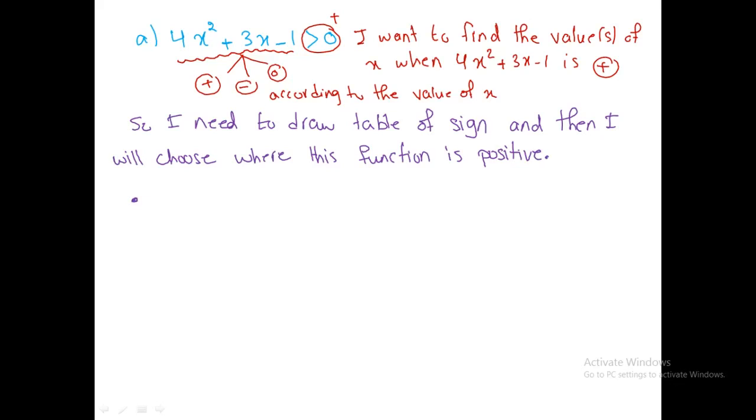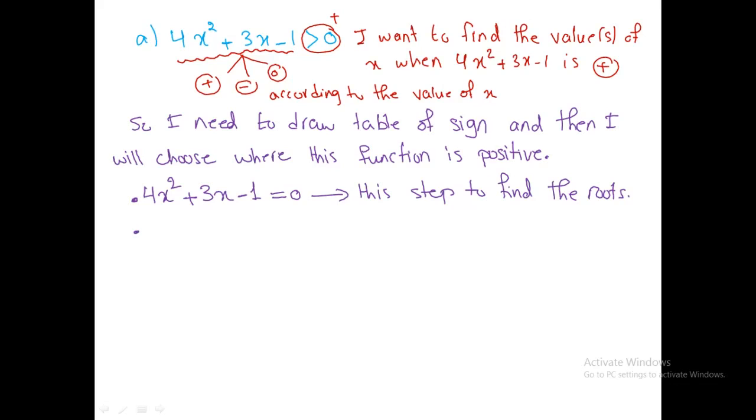First step is to find the roots by putting 4x squared plus 3x minus 1 equals 0. This step to find the roots is to draw the table.